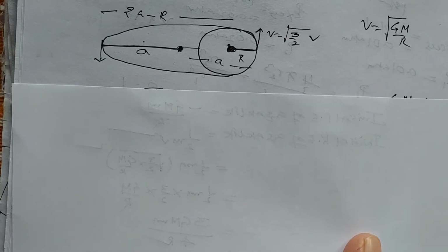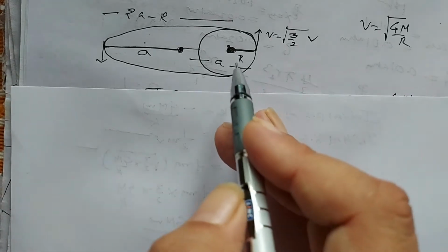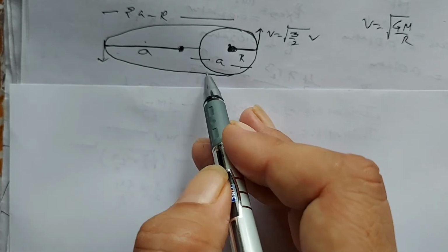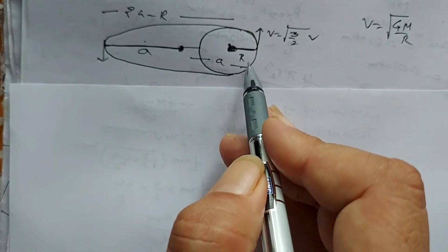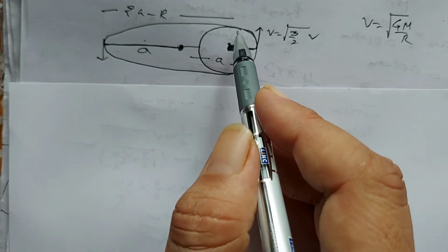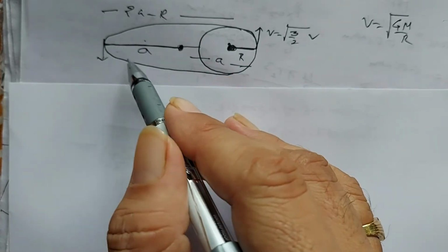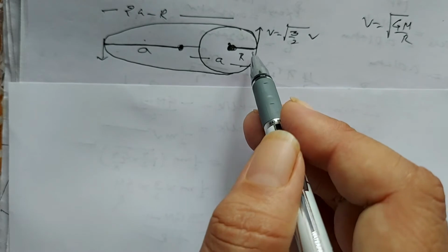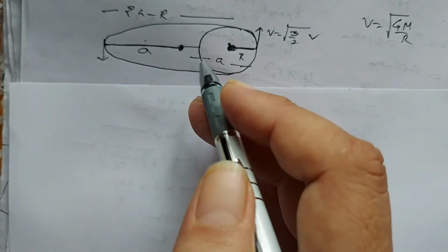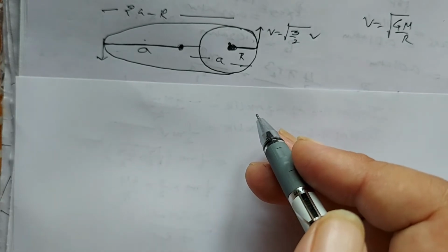So here the satellite is revolving around Earth. When speed increases, the path also changes. Finally, it revolves in an elliptical orbit.